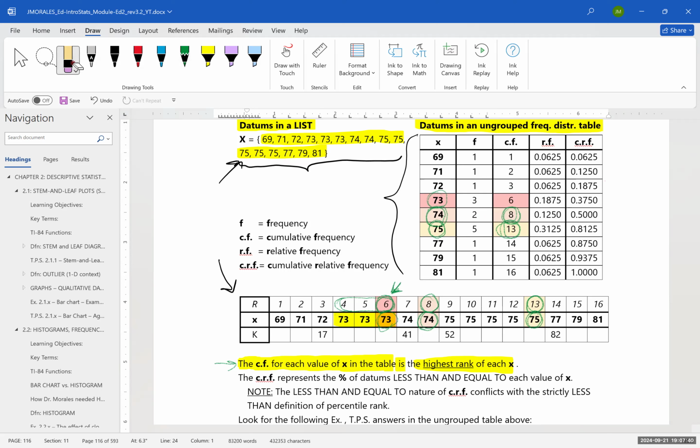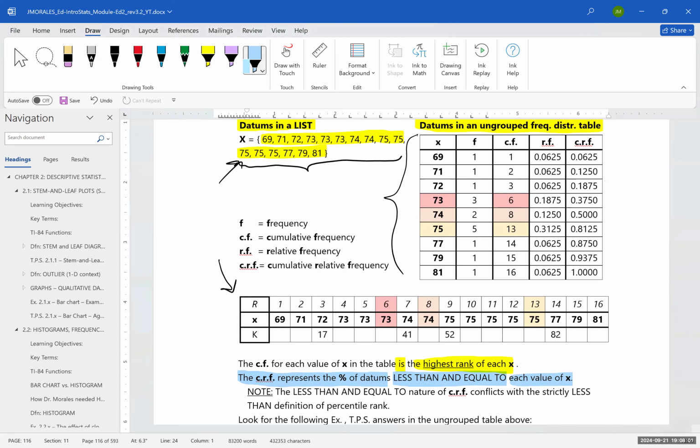All right, that's number one. Number two is that the cumulative relative frequency represents the percent of datums less than and equal to each value of x.